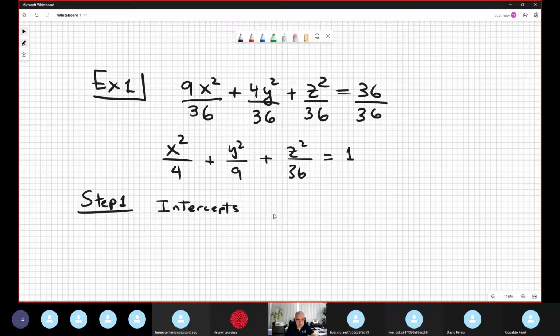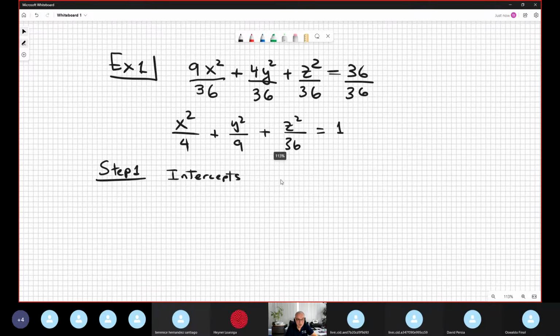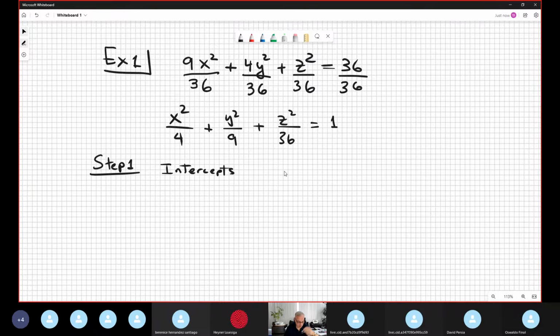And we are using exactly the same technique we use in precalculus and algebra. For example, if you declare that y is 0 and z is 0, and plug it into our equation, it is reduced to this idea. 4.